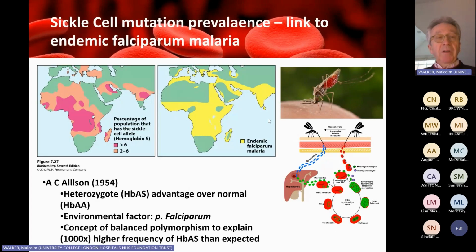And this always intrigued me, a fascinating bit of epidemiological and clinically based research, and that is to do with sickle cell mutations and why they are distributed the way they are.